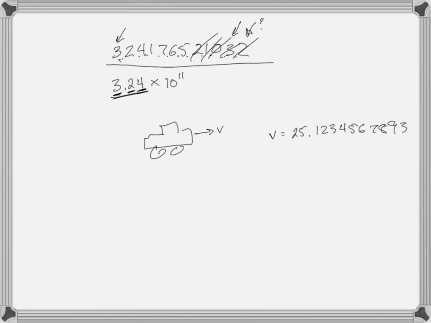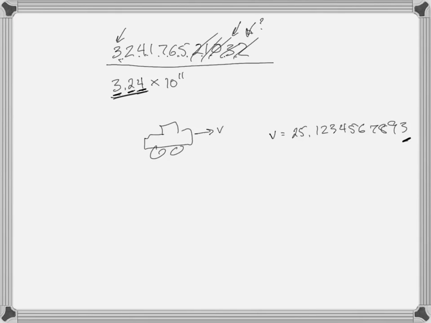I'm just putting that, okay, my calculator can go to 12 digits, so it's going to tell me my speed is that much. Is there any possible way in any world that we could measure my speed that accurately? And the answer is no. I could never know my speed to the billionths place. The speed of the car just isn't that constant even.